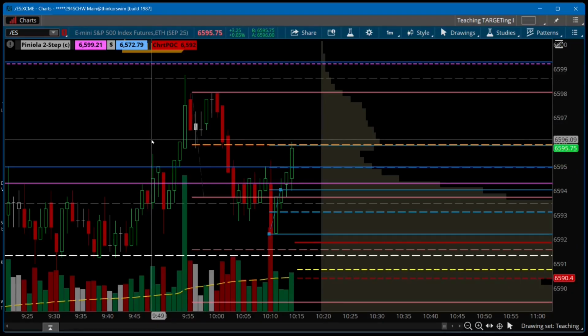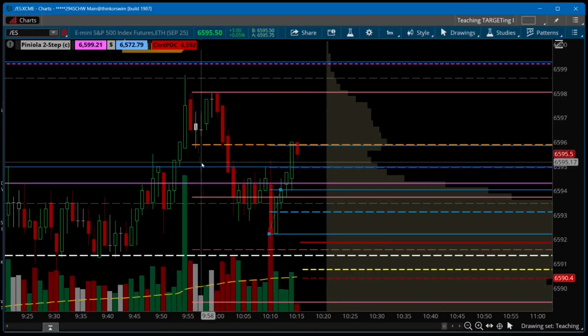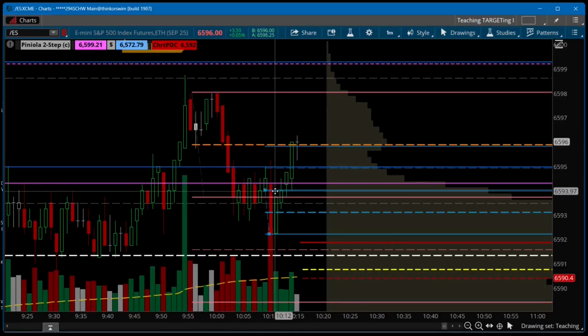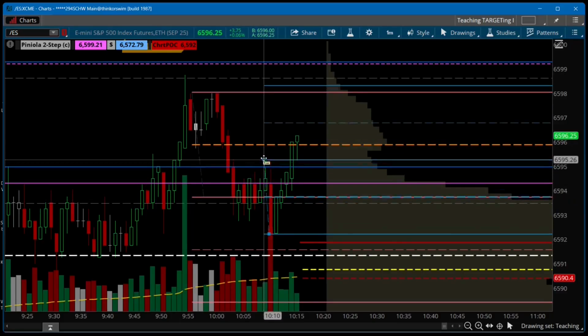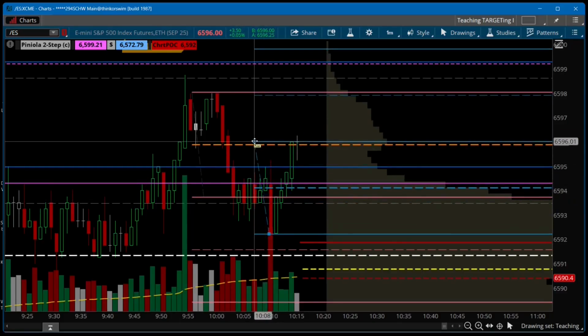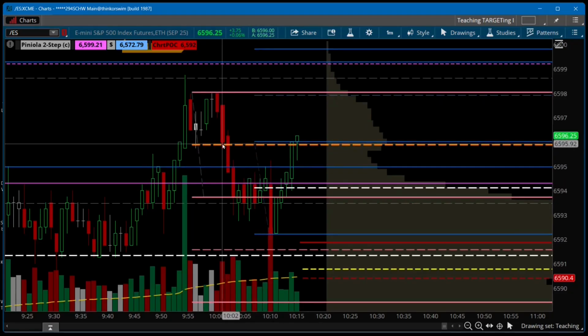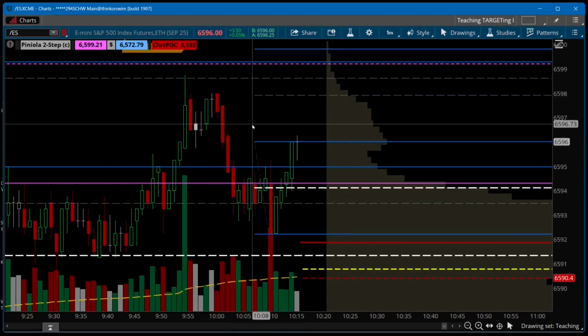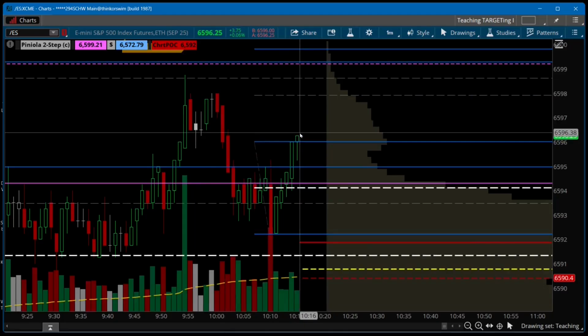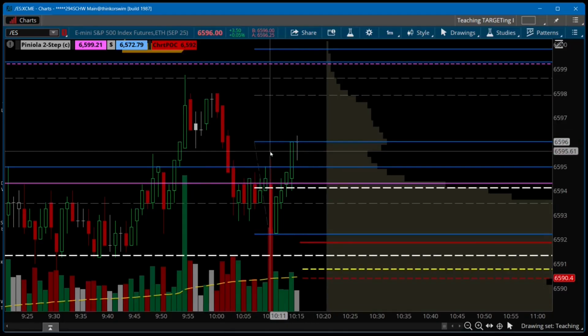There we go. There's the target. So we've gotten to the 2. I can go ahead and move this up to here, and I'm going to remove this because this is no longer valid. We got above it, unless it quickly comes back down below it.